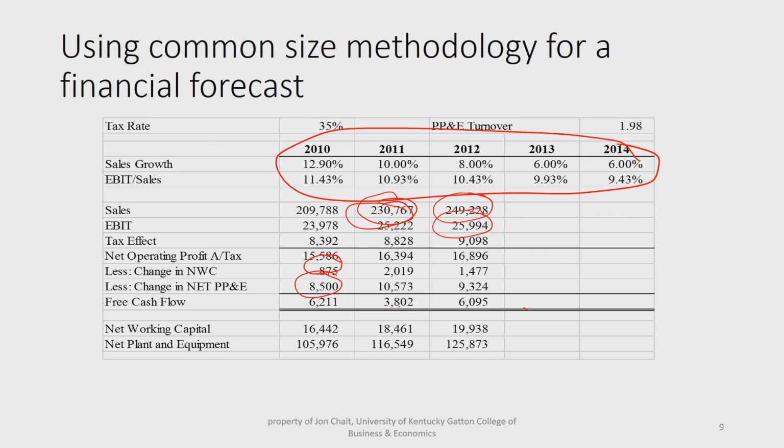We're using a basic assumption, even though I've stated this as 1.98 rather than the percentage. We're using this to calculate the numbers as we move through the financial statements. So this is a very handy way to do a basic financial forecast.